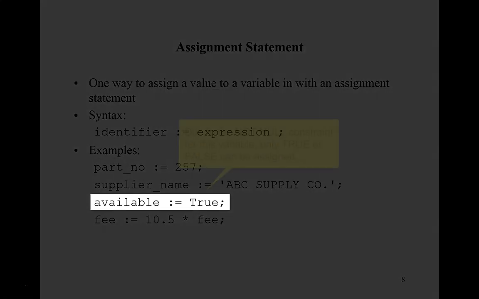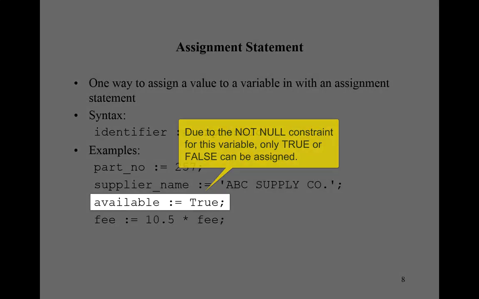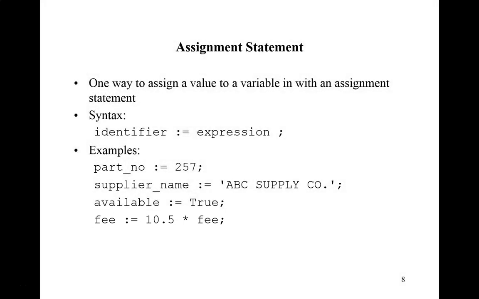Available is a Boolean, and remember it had a not null constraint associated with it, so the assignment statement here, in order to be accepted by the runtime system, would have to assign either true or false. It could not assign null. And finally, fee was also declared as numeric, and the result of evaluating the expression, 10.5 times the value currently stored within the variable named fee, will produce a numeric value that will then replace the value in fee.